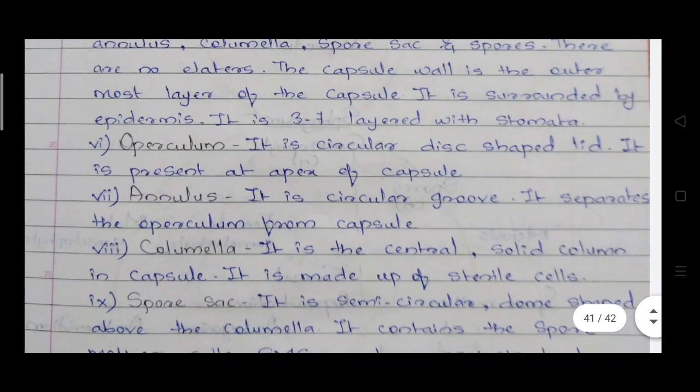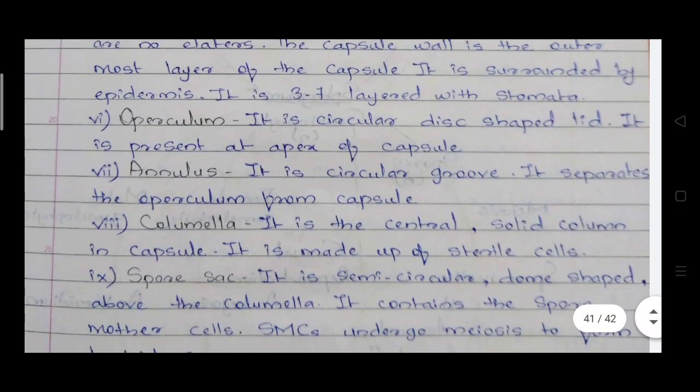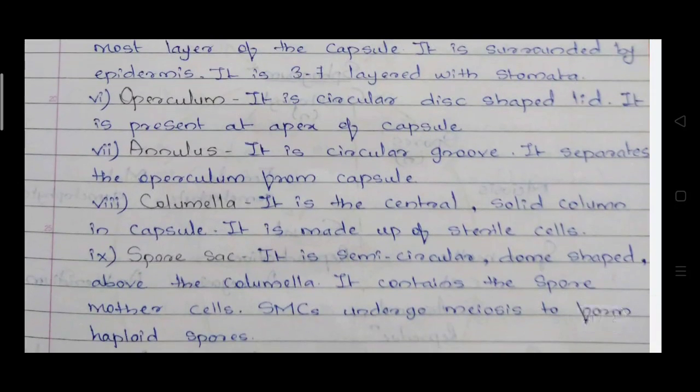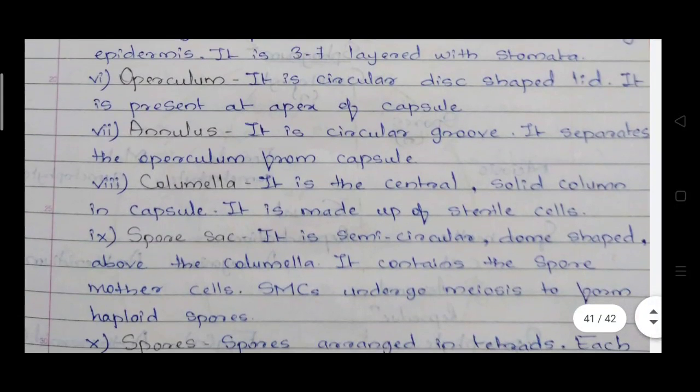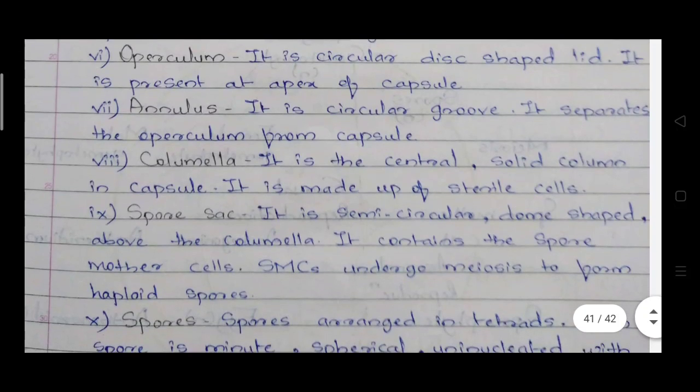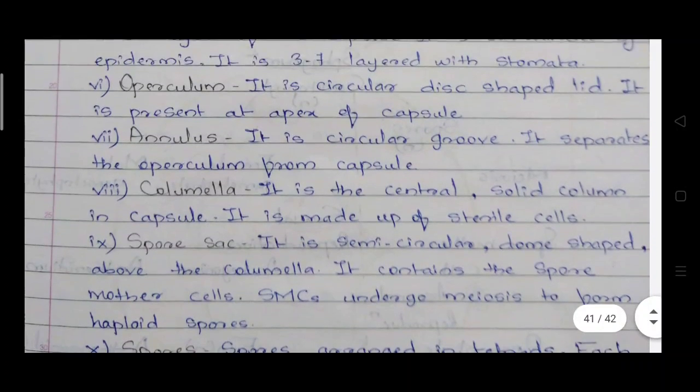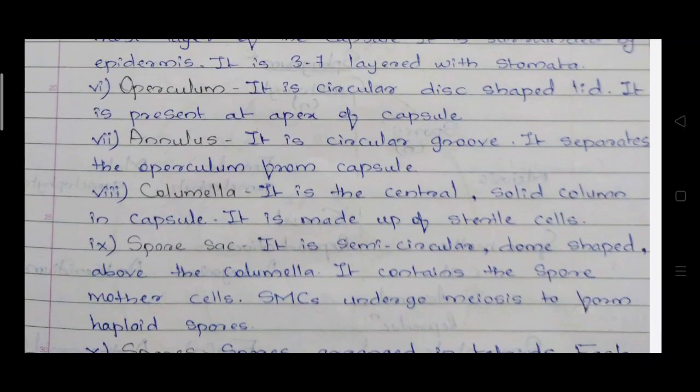The capsule wall is the outermost layer of the capsule, surrounded by the epidermis. It is 3 to 7 layered, and stomata are also present. Then in the capsule there is the operculum.